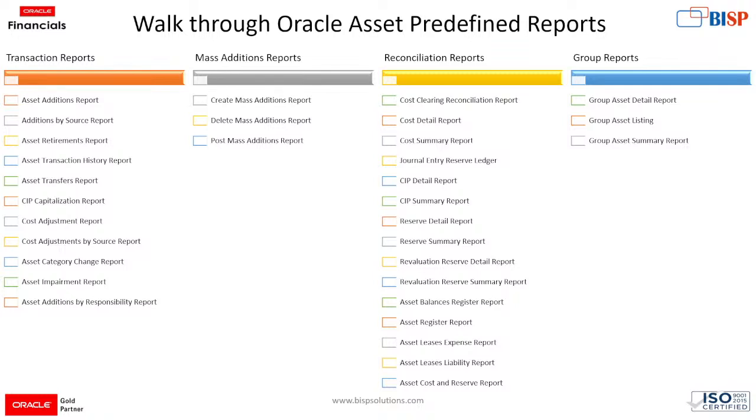which is sorted and grouped total for each balancing segment with CIP cost and cost center. CIP summary report, it is a list of CIP cost account summary balances for a specific period. Reserve detail report, list of asset level, asset reserve and account balances for a specific period.